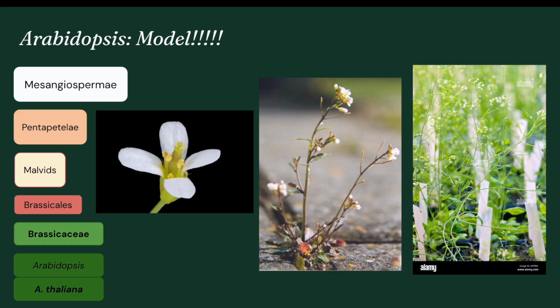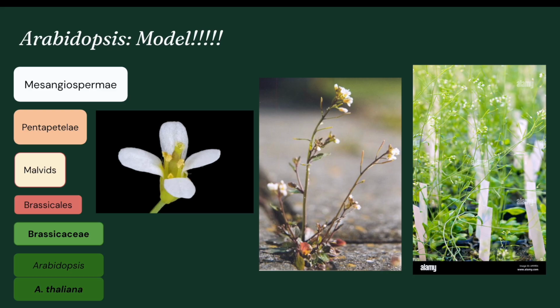Model organisms are kind of just a species that are used for studies of basic biology, just physiology and anatomy and everything about the kind of group that that organism is in. And Arabidopsis, being kind of the angiosperm model, and angiosperms are the majority of plants, is also kind of the model that scientists use to study all aspects of plant biology.